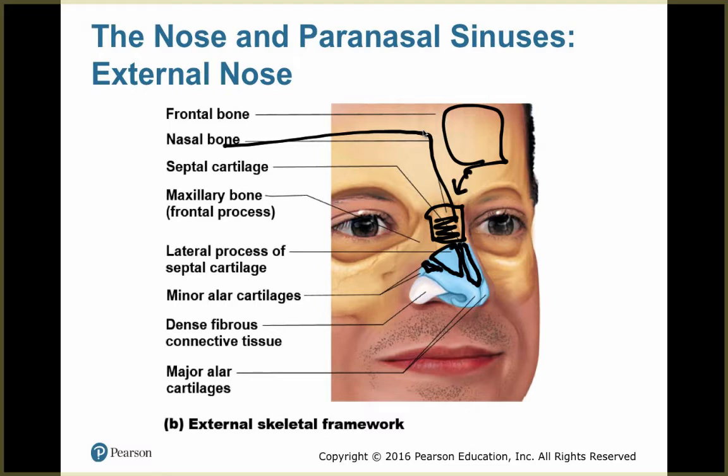A little bit farther here, where you're getting closer to that sulcus, that's that minor alar cartilage. On the outside, you're going to get some nice, dense, fibrous connective tissue. And then here on the tips, where you get the apex, right above the nasal septum, you're going to get the major alar cartilage there.